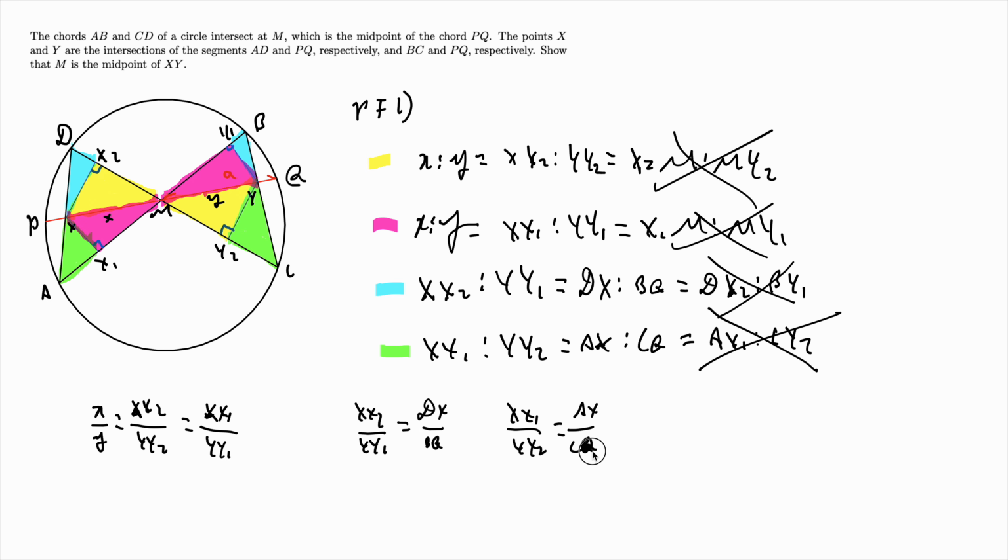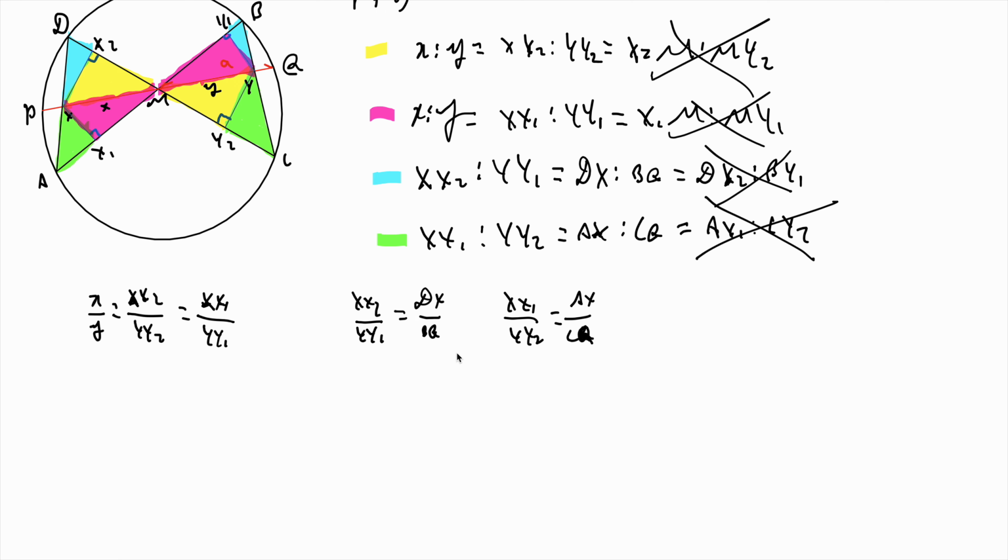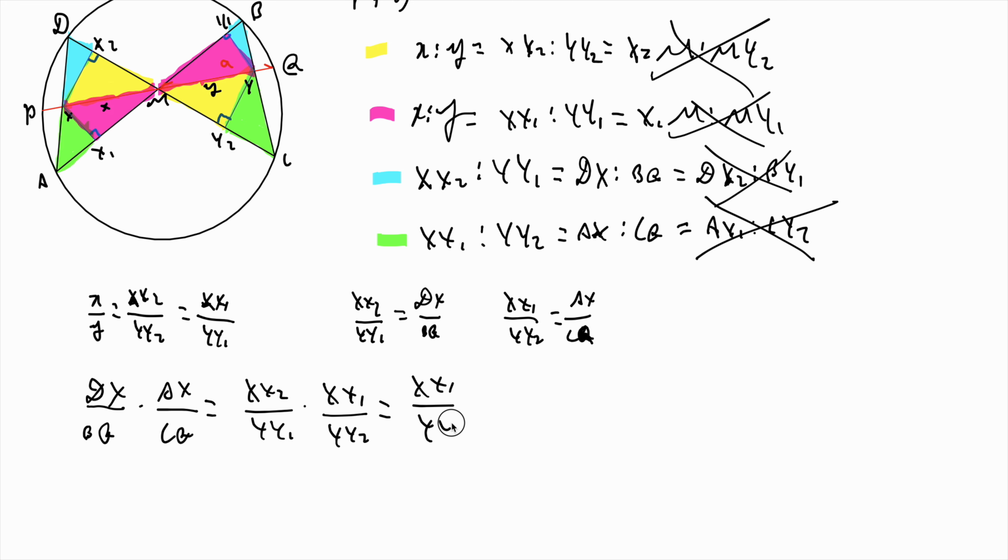And it's quite natural to try and multiply these two because we know that dx over bq times ax over cq equals x sub 2 over y sub 1 times x sub 1 over y sub 2. Let's switch these two, so we have x sub 1 over y sub 1 times x sub 2 over y sub 2. Notice that these are all equal to x over y. Therefore, we get x squared over y squared.